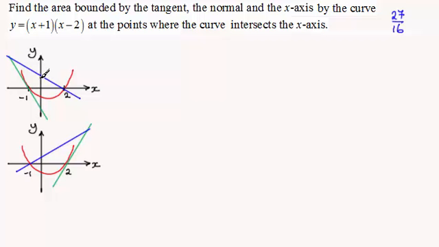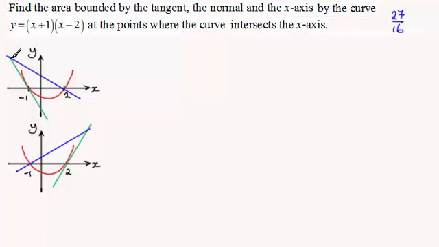What I'm going to do then is differentiate the curve to get the general gradient at any point on the curve. Then I can work out what the equation of the tangent is and the normal at these 2 points where x equals -1 and 2. Then I'll solve them simultaneously to work out what this point of intersection is.